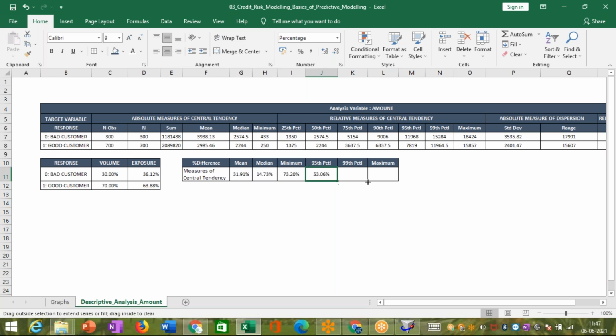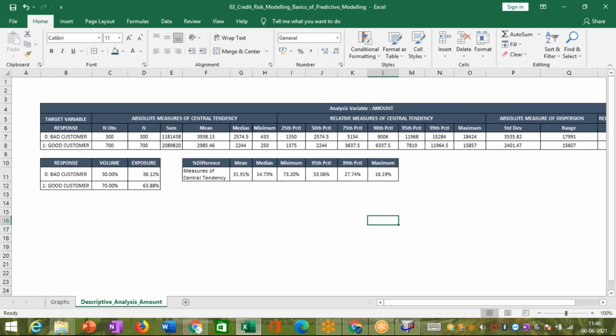So similarly, I can extend this over here. Obviously, at each stage you can see, if I look across all the descriptive measures, I can clearly say that yes, this difference is there.